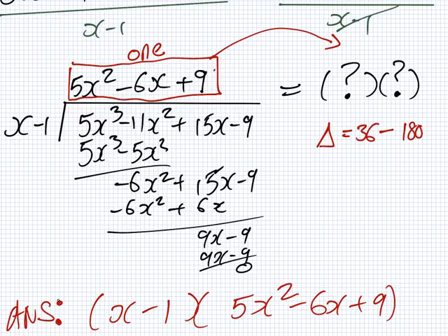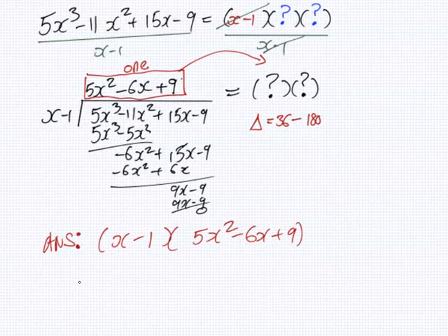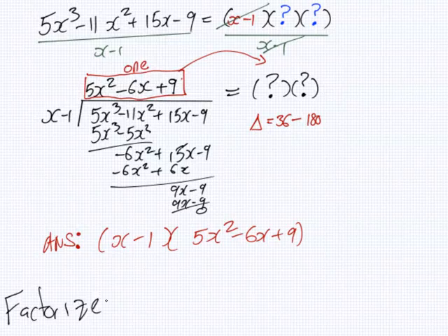I'll give you one to try, and I'll pick one that does have factors, okay? I'll write it down here. I want you to factorize. Let me make sure I pick one that has factors.